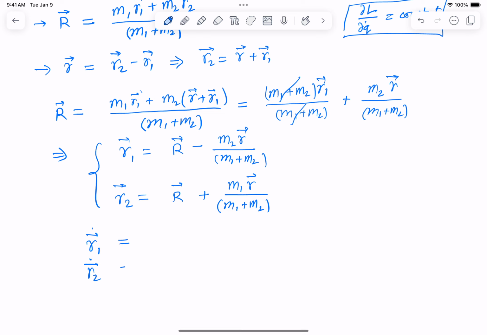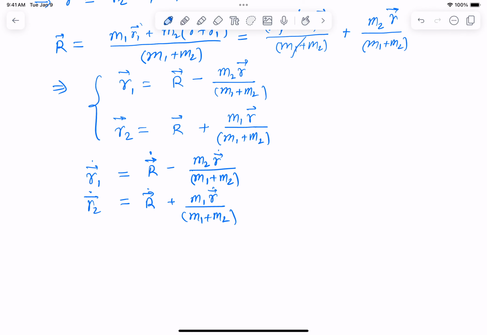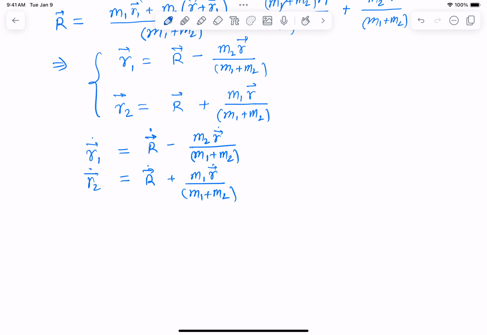And it's not very hard to see that r1 dot and r2 dot are simply going to be capital R dot minus m2 r dot divided by m1 plus m2, and r2 dot is going to be capital R dot plus m1 r dot divided by m1 plus m2. Okay, now we need r1 dot squared and r2 dot squared.